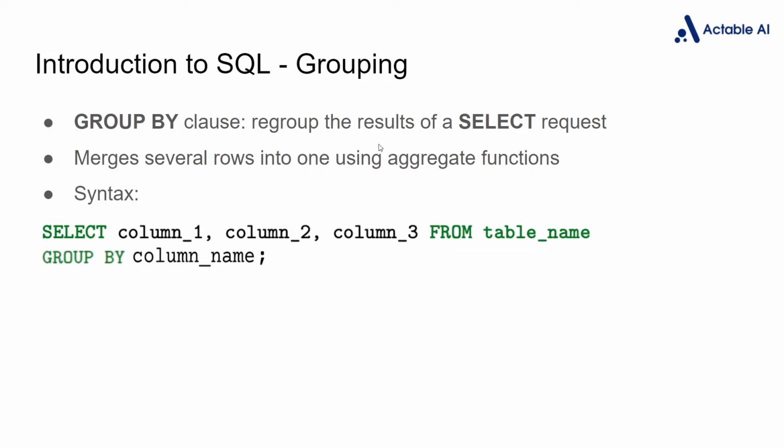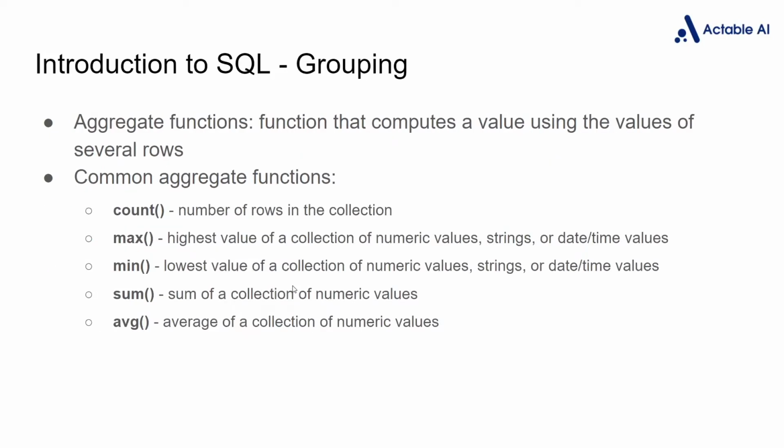So the group by here is to regroup the results of a select request. Basically it consists in merging several rows into one using aggregate functions. So here's the syntax. Again, we still have the select from, and we add the group by at the end. Pretty simple, again. And instead of the column here, you will have to replace them by aggregate functions. So let's look at aggregate functions.